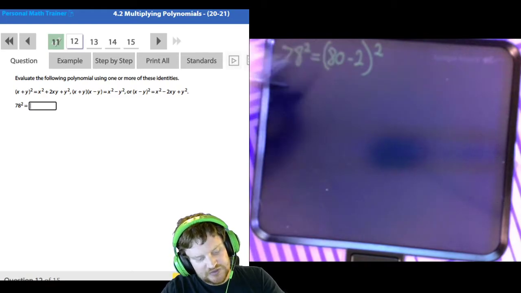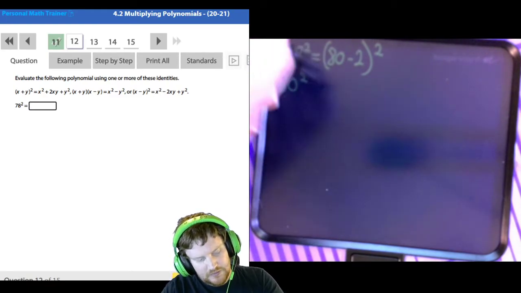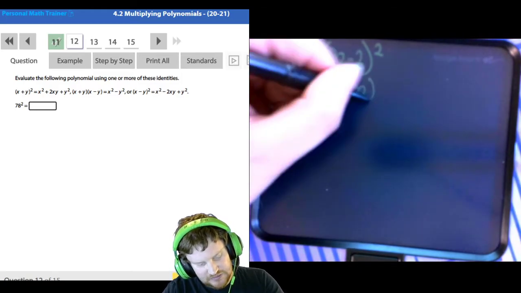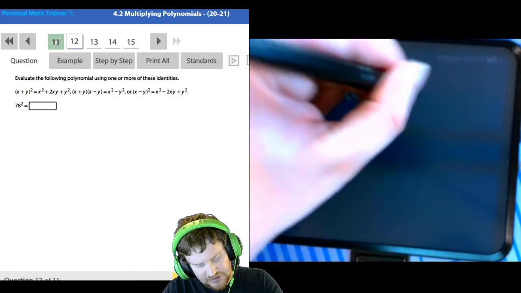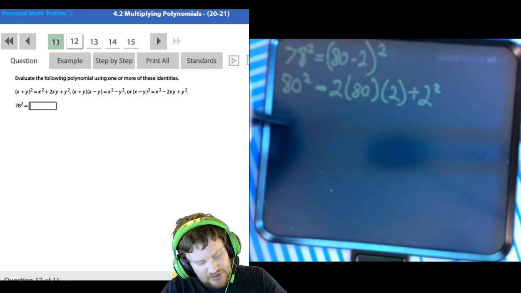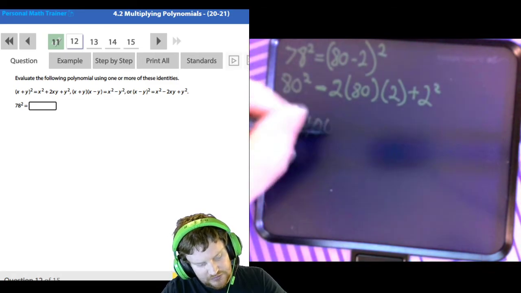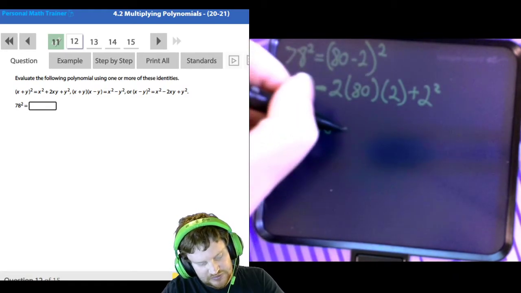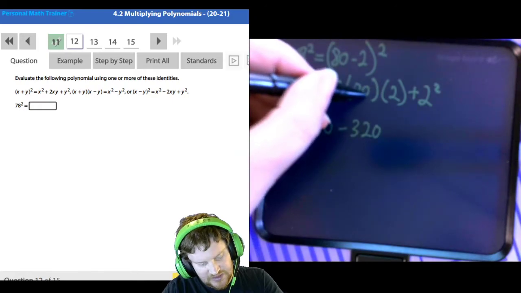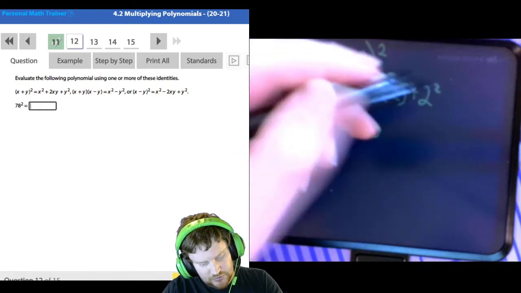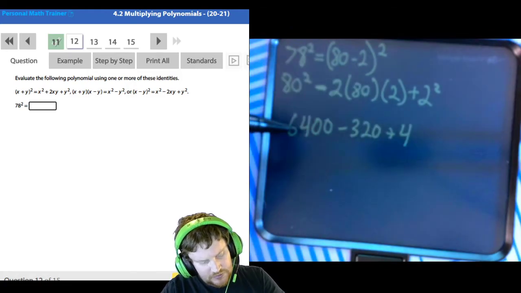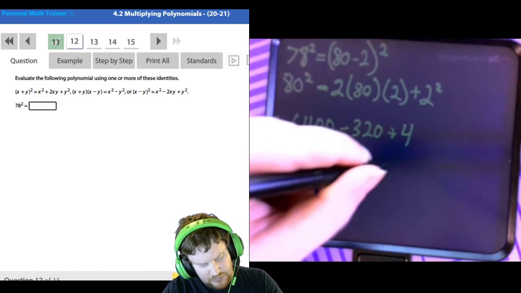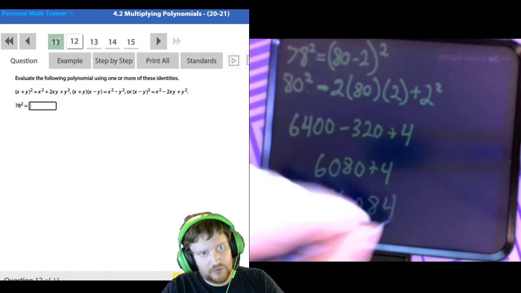So that would be 80 squared minus 2 times 80 times 2 plus 2 squared. 80 squared, 8 squared is 64, add our two zeros. 2 times 8 is 16, times 2 is 32, so this is minus 320 because we have to add the 0. 2 squared is 4. So minus 320 is going to be 6080, plus 4 is 6084.